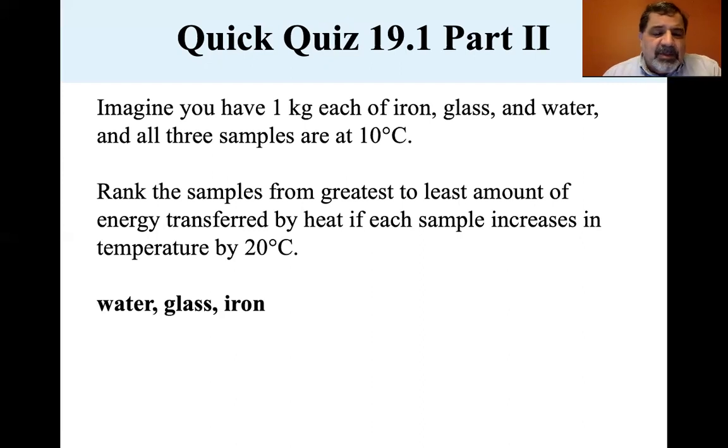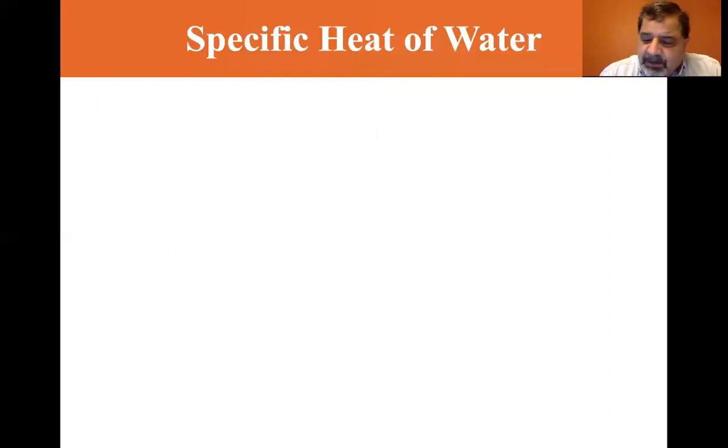The answer is water, glass, and iron. So we have a kilogram of each. You have to put the greatest amount of energy into the water to raise it 20 degrees, less if it's glass, and the least if it's iron.